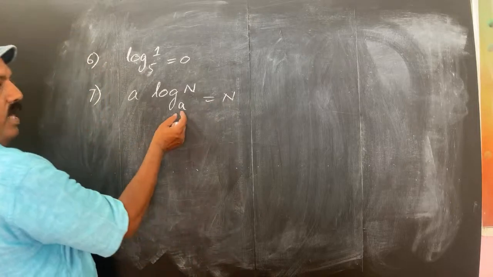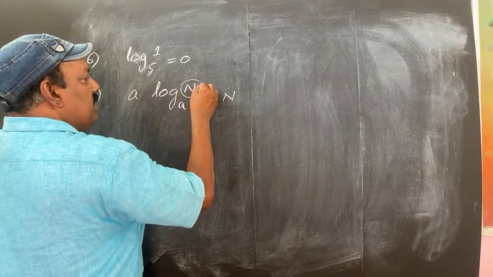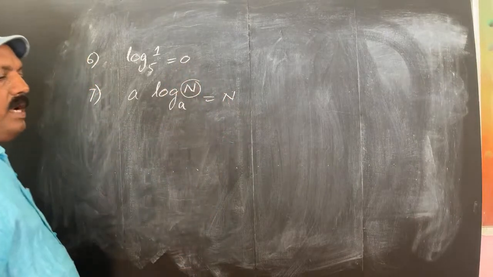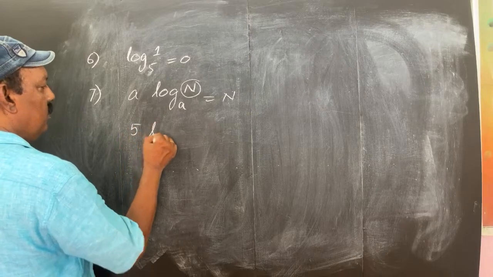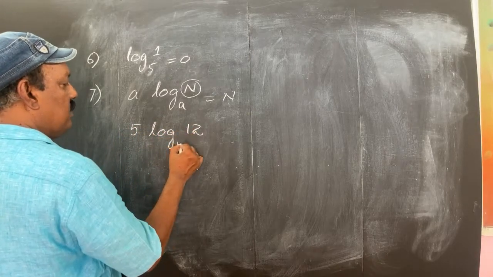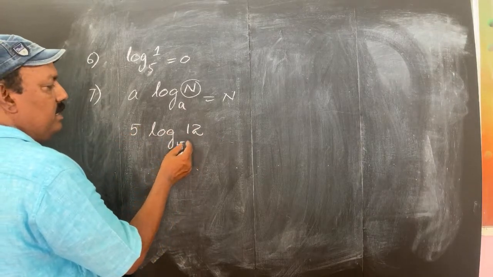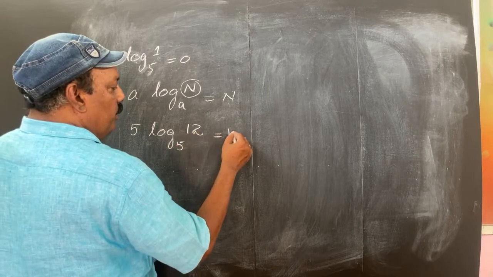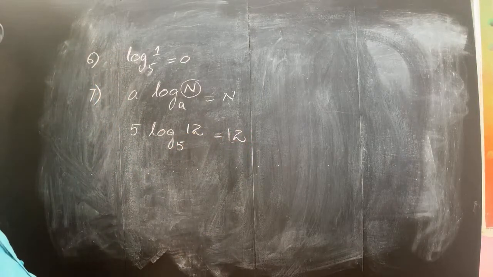That means whenever the base and the character are the same, the log value is going to be the final solution. Example: 5 to the power of log 12 base 5. Here the character value and base value are the same, so the answer is going to be 12. And these are the formulae you are going to face.